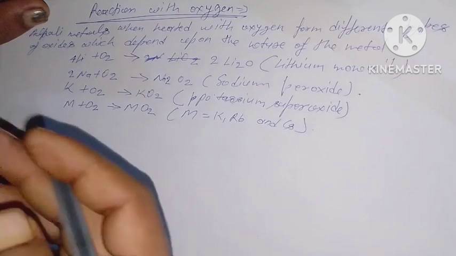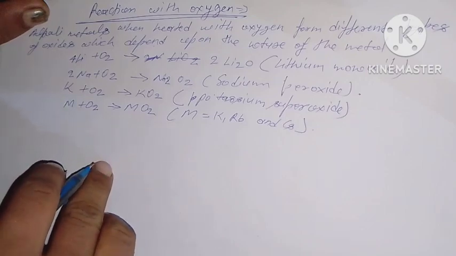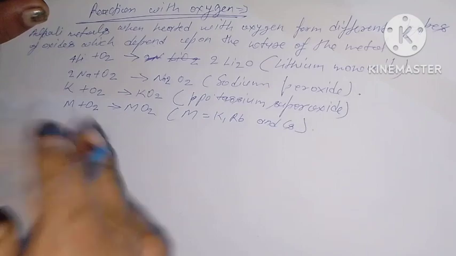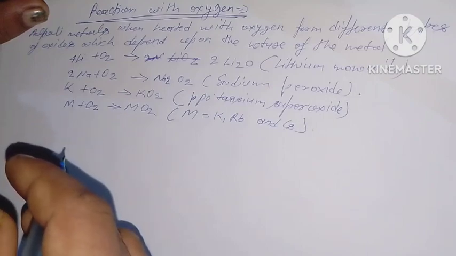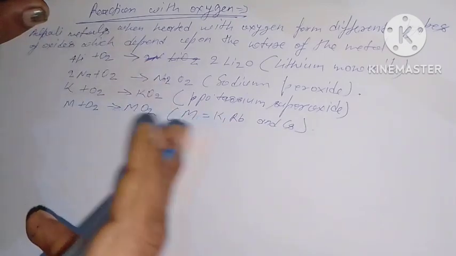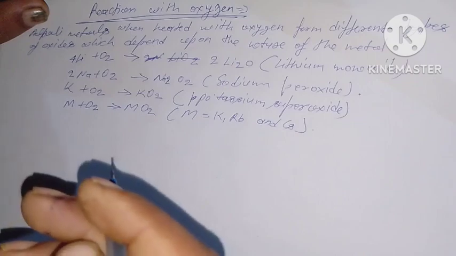It may be noted that under similar conditions with oxygen, lithium forms monoxide, sodium forms peroxide, and potassium forms superoxide. This is due to limitation in size: the radius of lithium positive ion is small.